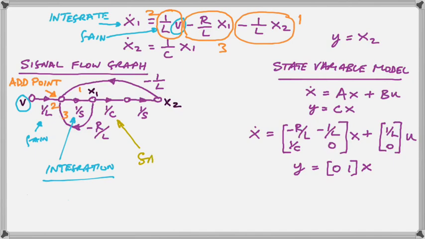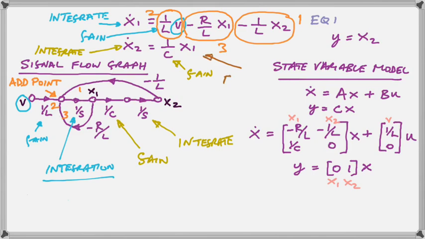Then we see that when we get to the other point, it's a summing point, and we are summing not only 1 over L times V, but we're also summing minus 1 over L x2 and minus R over L x1.